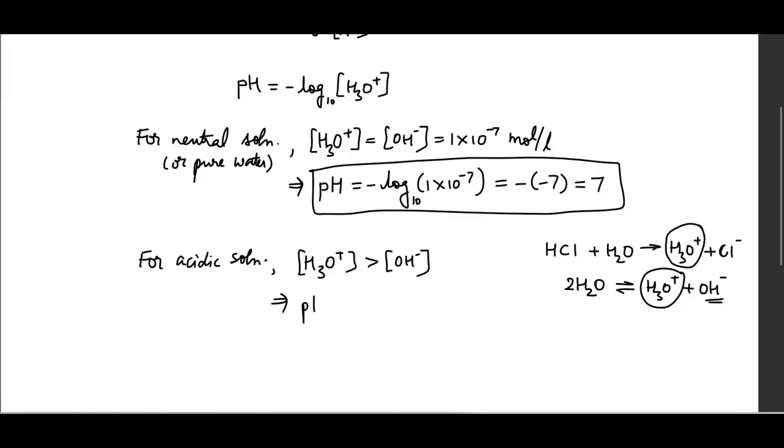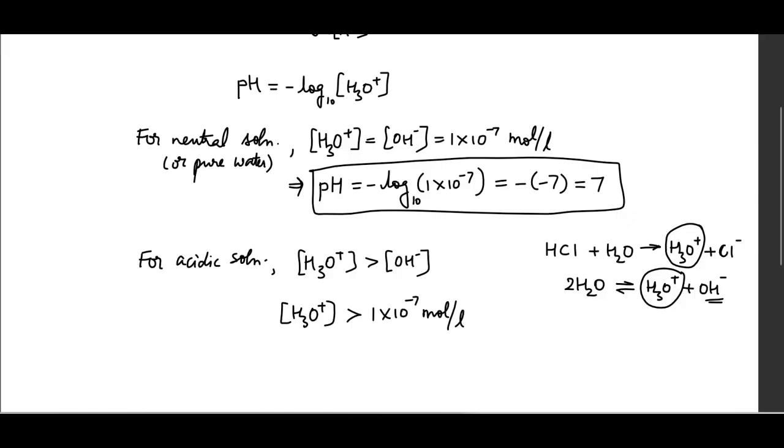Therefore, if we write pH value for an acid, before that, this concentration of H3O plus, how much should it be? So we know the overall concentration of H3O plus for a neutral solution was 1 into 10 raised to minus 7 mole per liter. So for an acidic solution, this should be greater than 1 into 10 raised to minus 7 mole per liter.